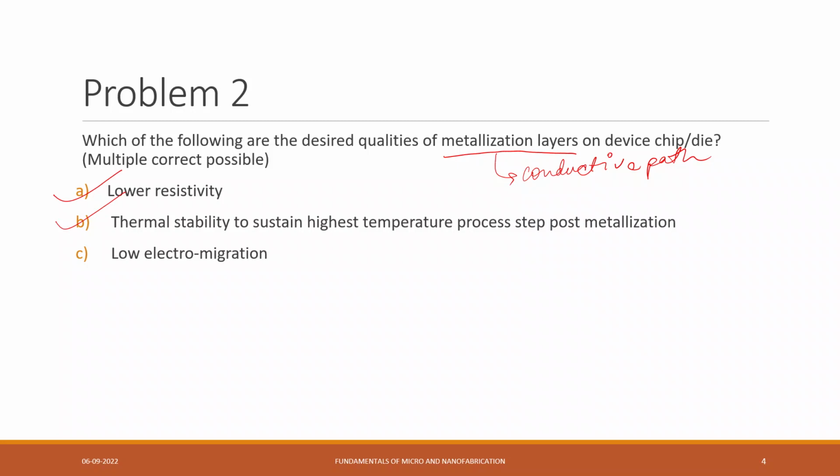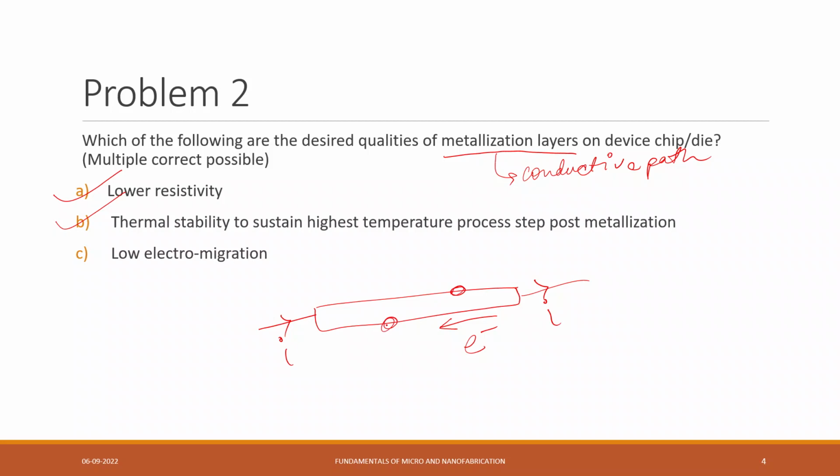And the last option is low electromigration. You know that if we have a channel like this, and we have movement of current in it, electrons will move in this direction.